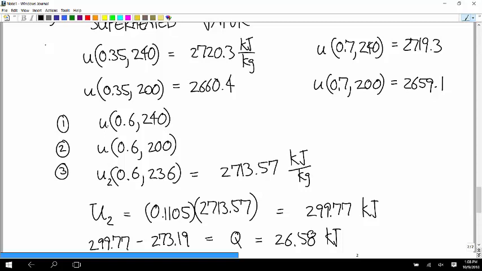I could have done my first step as an interpolation for U at a pressure of 0.7 bar and a temperature of 236. And then this one at a pressure of 0.35 bar and a temperature of 236.